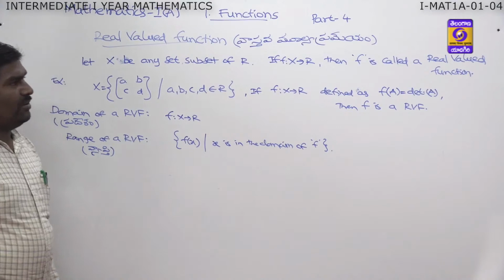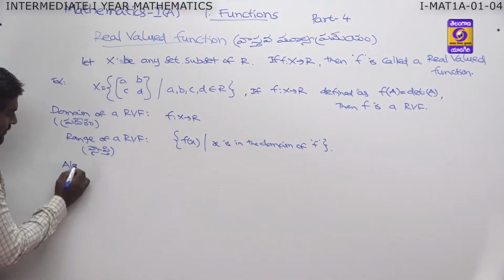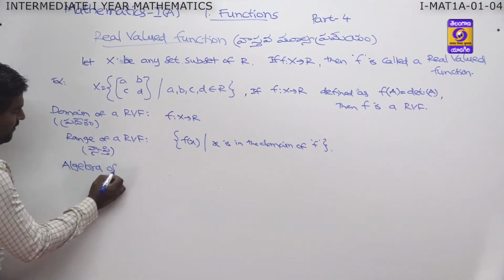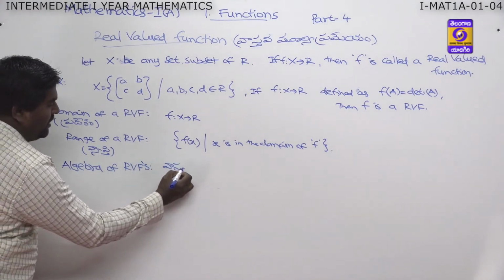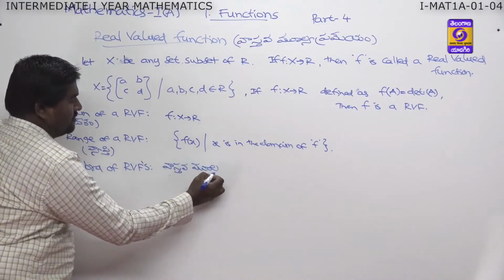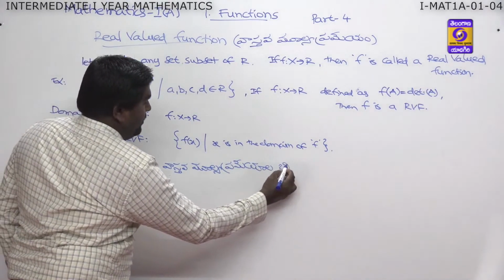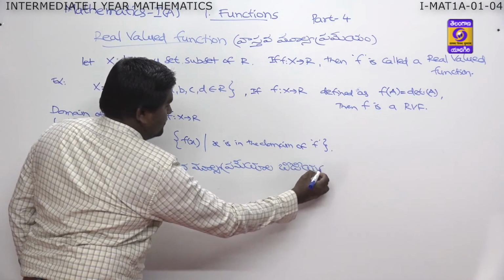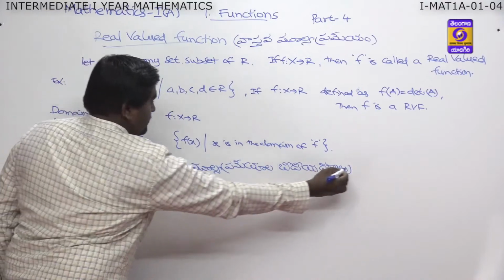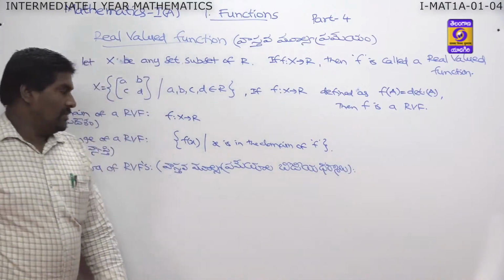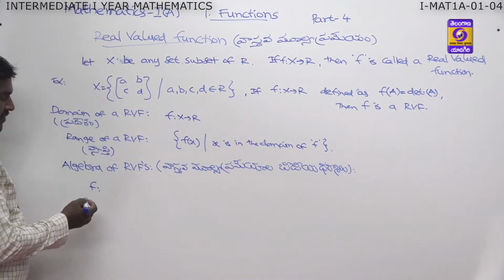నెక్స్ట్ we have the algebra of real valued functions. వాస్తవ మూల్య ప్రమేయాల బీజీయ ధర్మాలు. Here take two functions, real valued functions as f comma g.